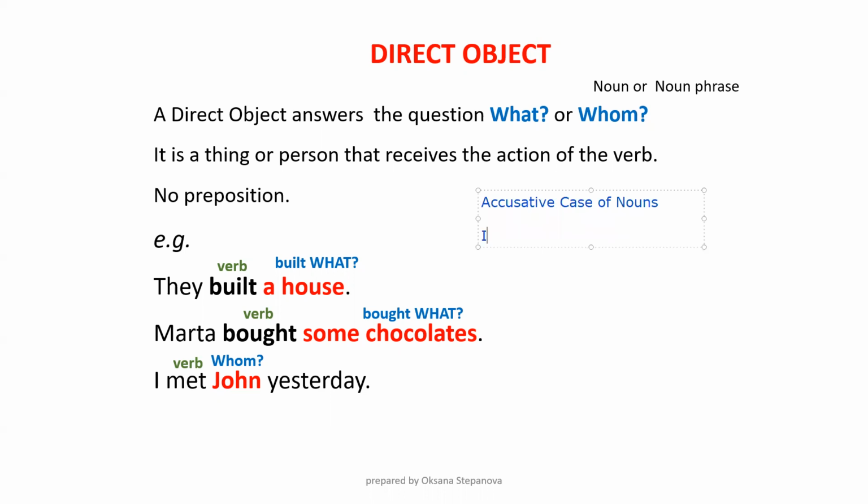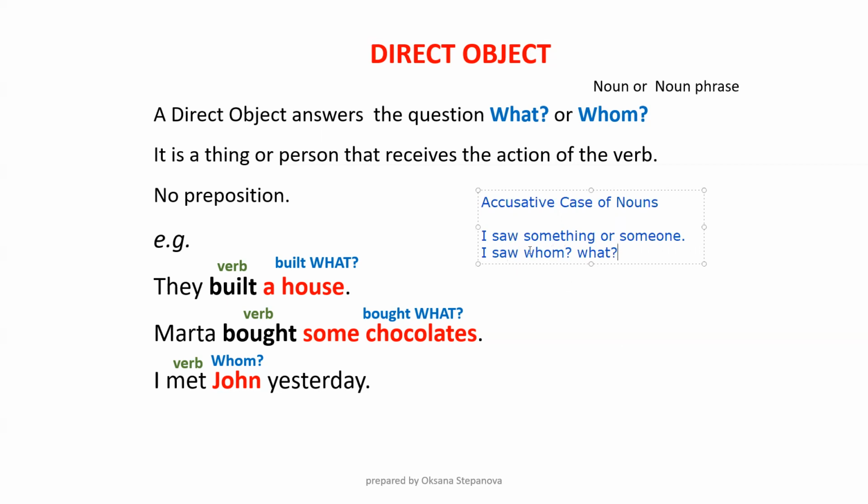For example, in English, it would be I saw someone, I saw whom or what, right? I saw something, or someone, right? So in other words, you can say that I saw who, or whom, or what.